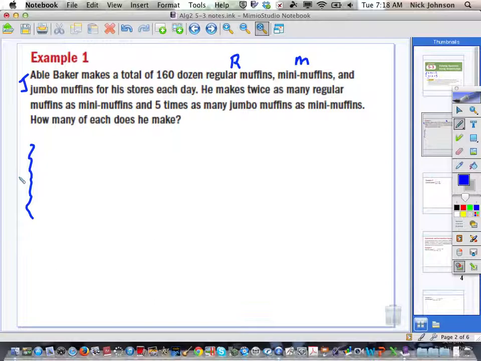So the first equation is we know that all the regular muffins, mini muffins, and jumbo muffins together has to equal a total of 160. So R plus M plus J has to equal 160. Okay? So that sentence is done.